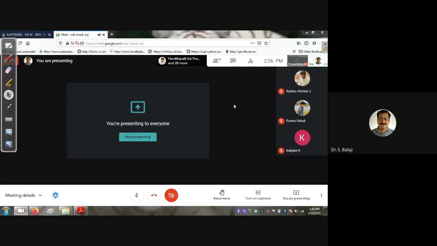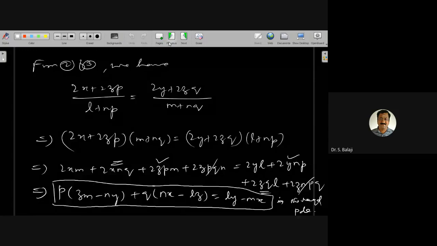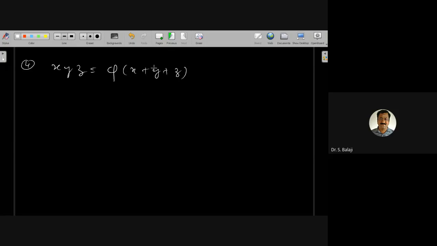I think all of you understand how to get a partial differential equation by eliminating an arbitrary function. Now let's try another one: xy is equal to a function of x plus y plus z.